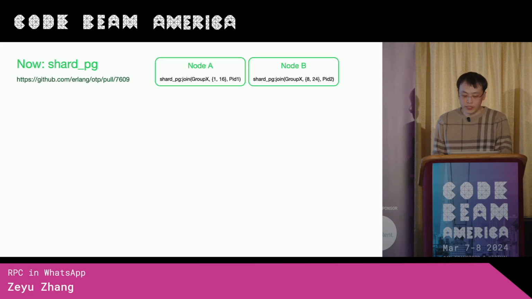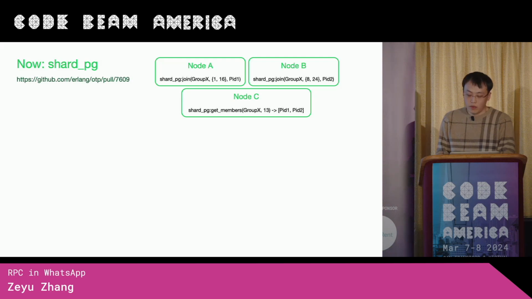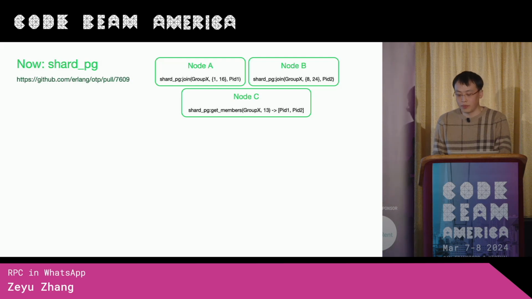With Shard PG, when node A publishes its service, it just says PID1 is serving the range of shard 1 to shard 16 of service X, of group X. And then node B says that PID2 serves shard 8 to shard 24 of group X. And when node C wants to visit shard 13, it can look up the ETS cache and immediately get PID1 and PID2 both serving shard 13.